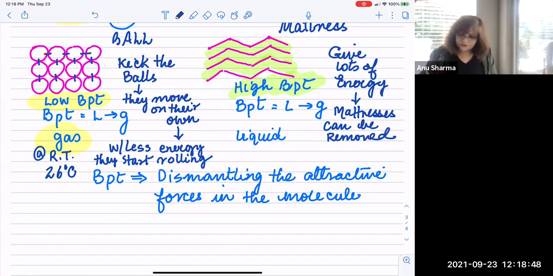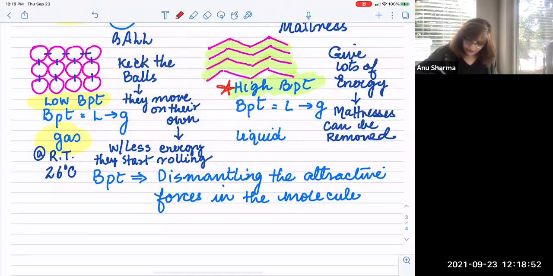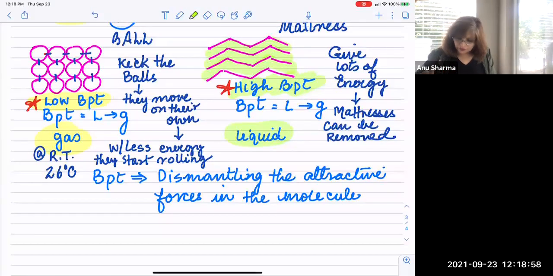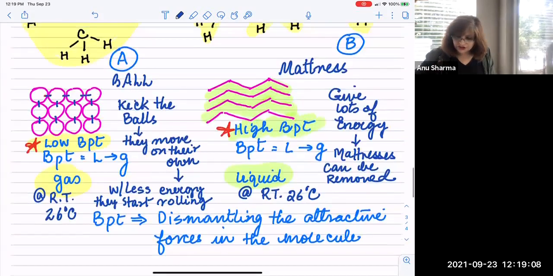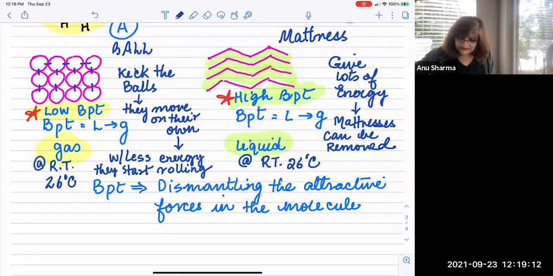So lots of energy is high boiling point, and less energy is low boiling point. And as a result, these exist as liquid at room temperature, that is at 26 degrees Celsius, because the molecules have strong attraction. So that's why its arrangement is that of a mattress.